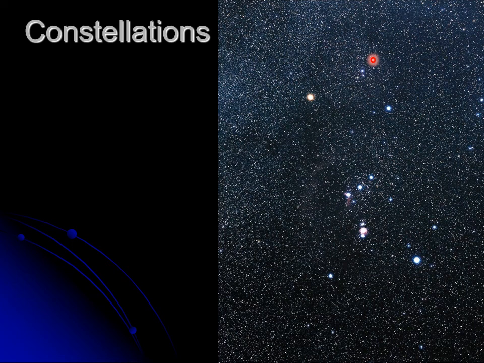Now, everybody looks up and sees something different. We think of this group of stars as Orion because the Greeks looked in the sky and they saw a hunter right here. Other people have seen different things.